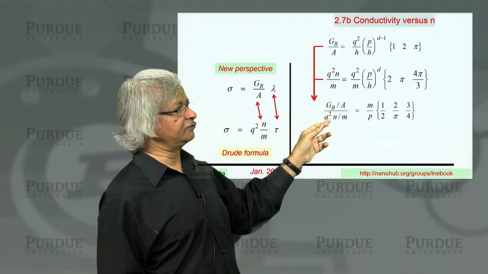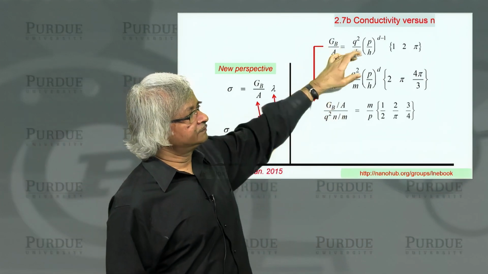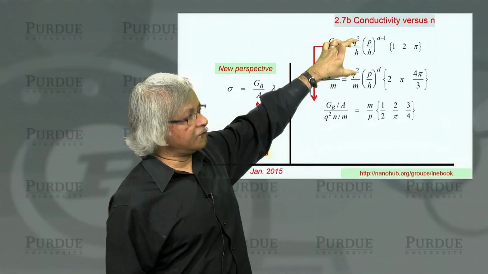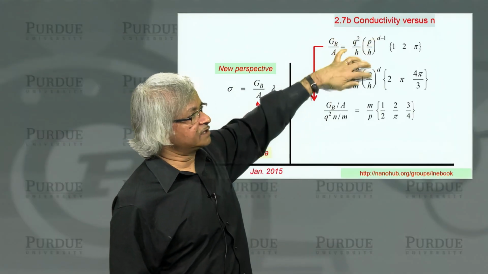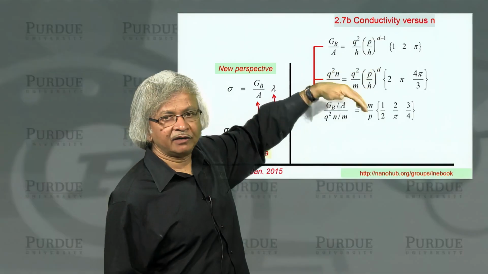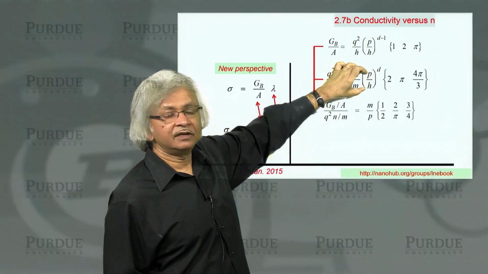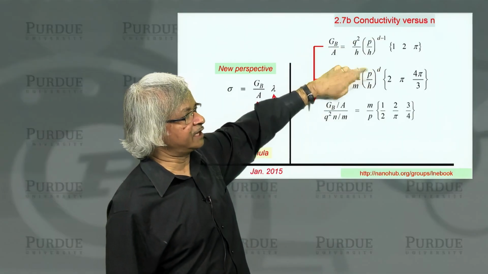So you look at the ratio of the two, and you'll notice Q squared cancels out. P over H to the D minus 1, this is P over H to the D. So you have a P over H left, except that there's an H there, so the H cancels out.